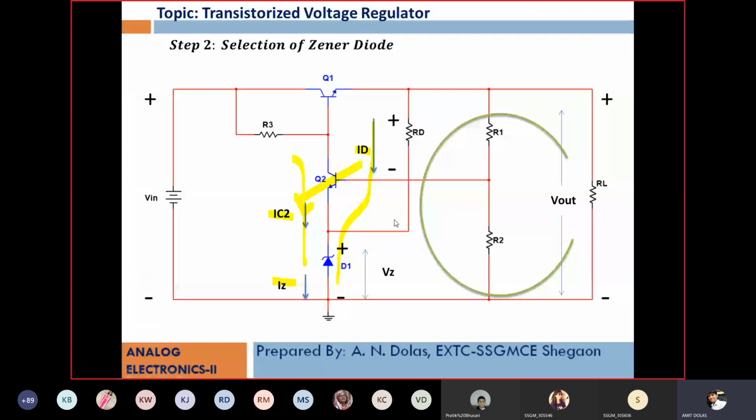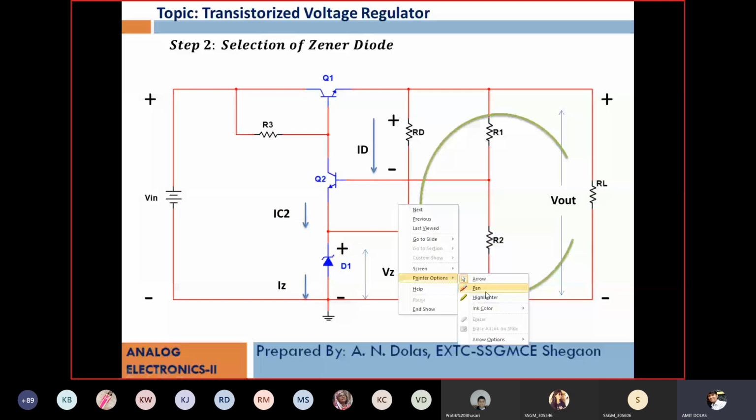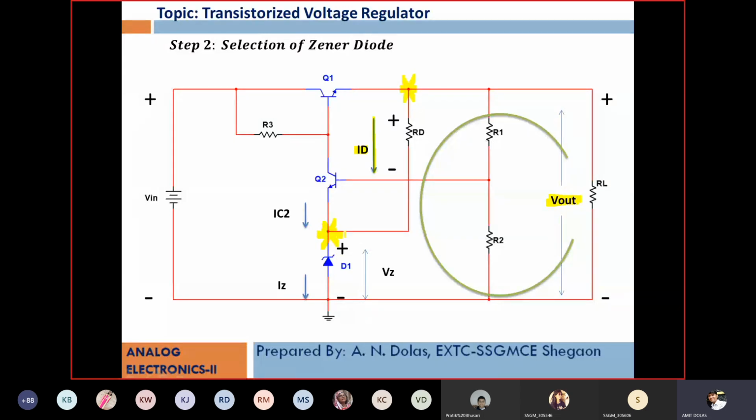So of course, moving to the diagram again, you can see here that we have to calculate this current, that is ID, which is passing through RD. So we should know what is the voltage drop across resistance RD. You can see here on the upper end of the resistance RD, output voltage is connected, that is Vout. We know that that is 10 volt, and the lower end of the resistance RD has a Zener voltage that we have already assumed in the earlier PPT, that is VZ is half of output, that is 5 volt.